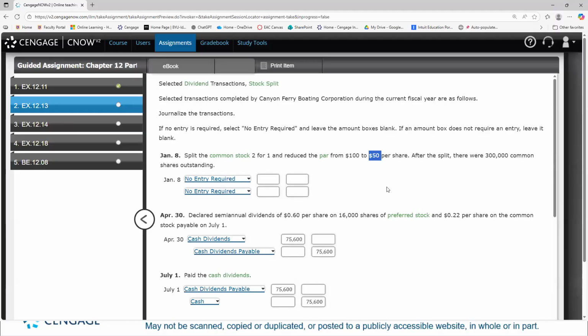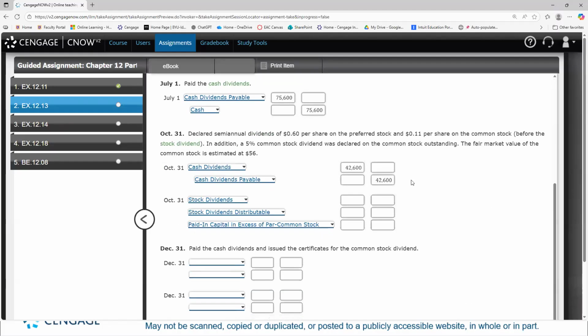Because up at the split, it said the split reduced it from 100 down to 50. So we're going to do $50 a share. That'll give us the par value. And then the additional paid in capital will be, if the market value was 56, we're going to take another 15,000 times the $6 of additional paid in capital. That'll give us the amounts we need to do the journal entry.